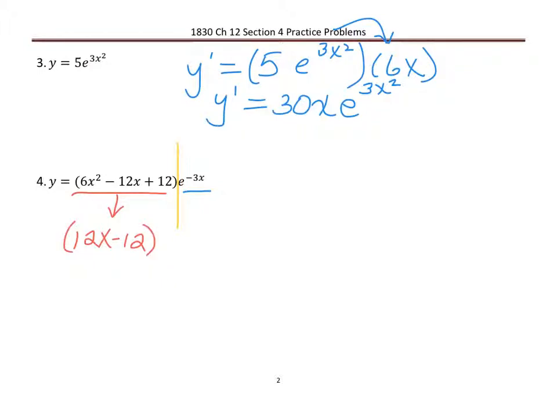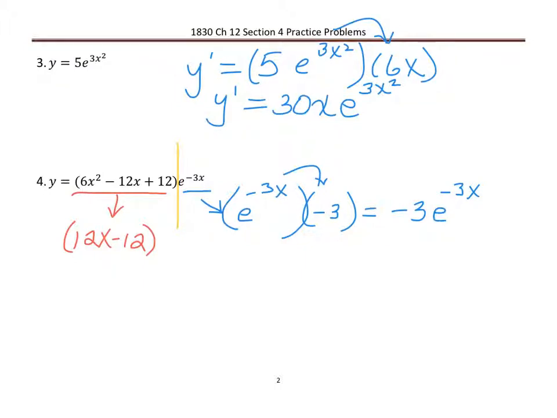So this is the derivative of factor number 1. The derivative of factor number 2 will be e to the negative 3x times the derivative of the exponent, which is negative 3. And so that derivative is negative 3 e to the negative 3x.